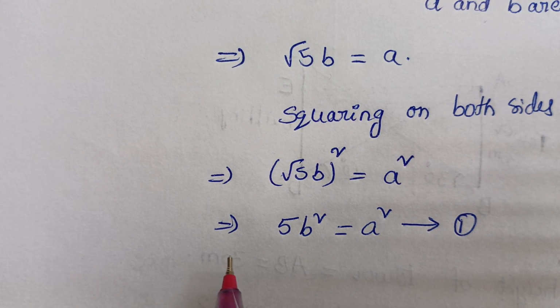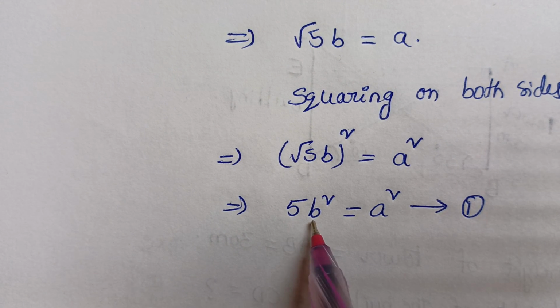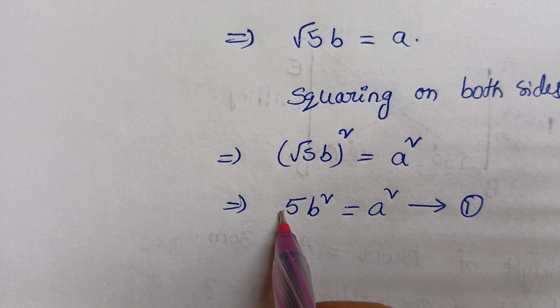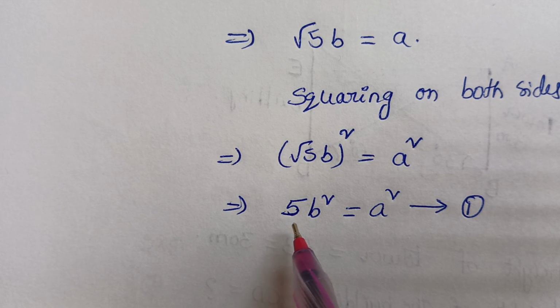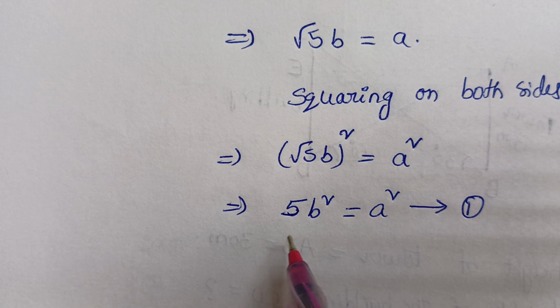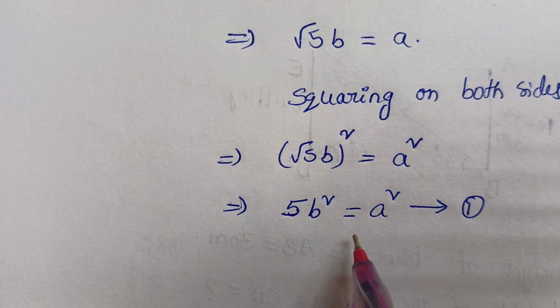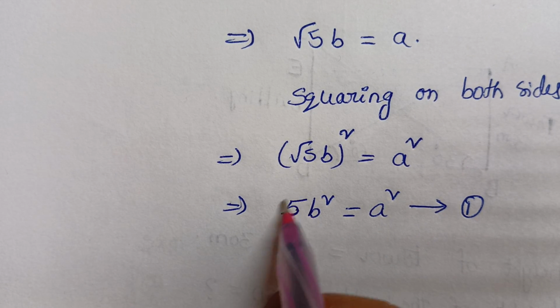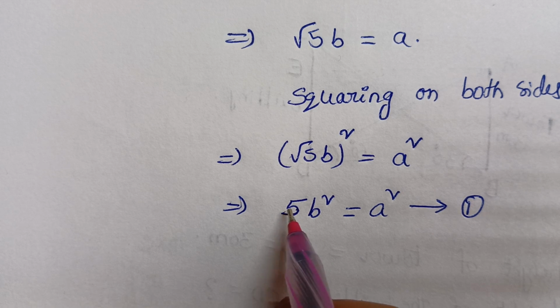Then, from this step, this is the second point we have to remember. We know one theorem: if p is a prime number and a is an integer, and if p divides a square, then p divides a also. Here p means 5, and 5 is also a prime number.